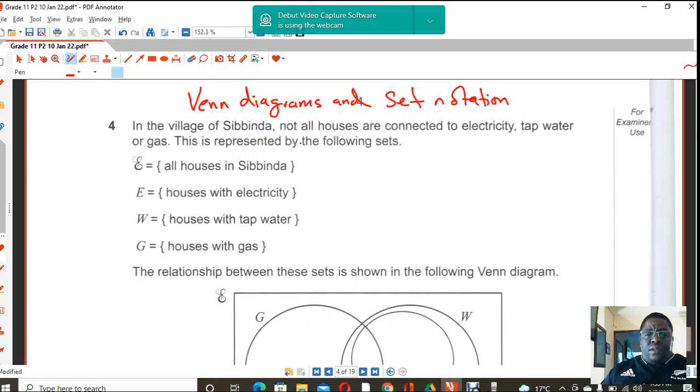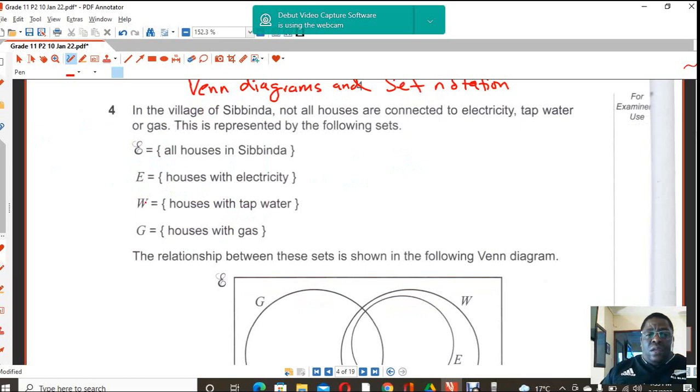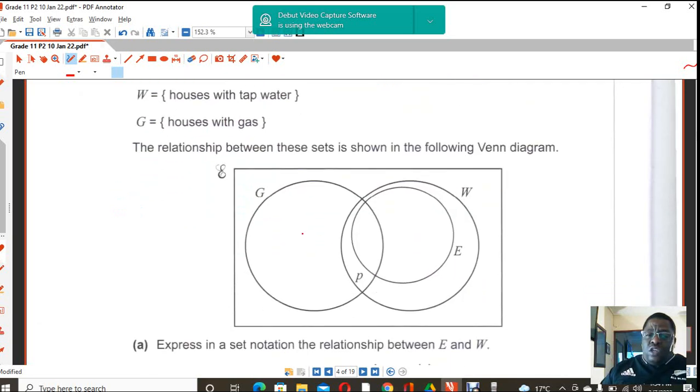This is represented by the following sets. The universal set here is all the houses in Sibinda. E represents all the houses in Sibinda with electricity. W represents all the houses with tap water. And G represents all the houses with gas. The relationship between these sets is shown in the following diagram.